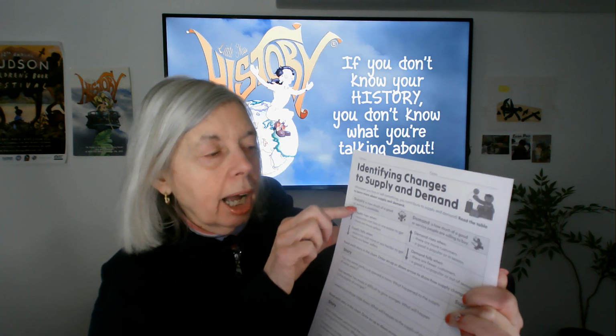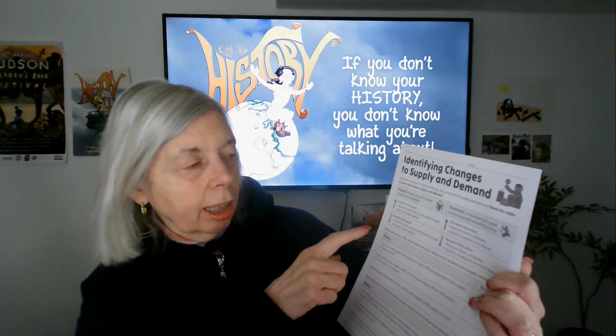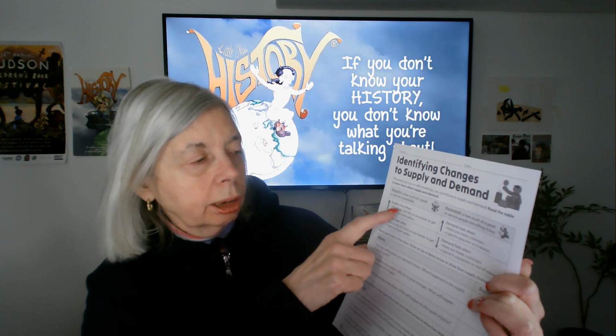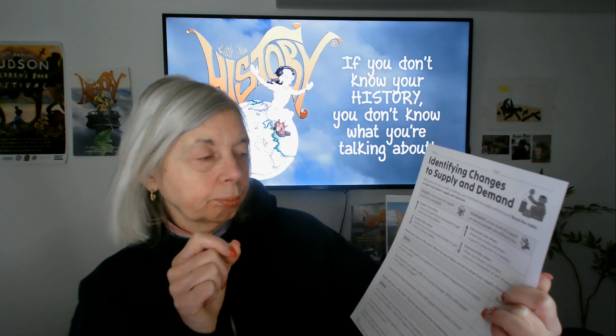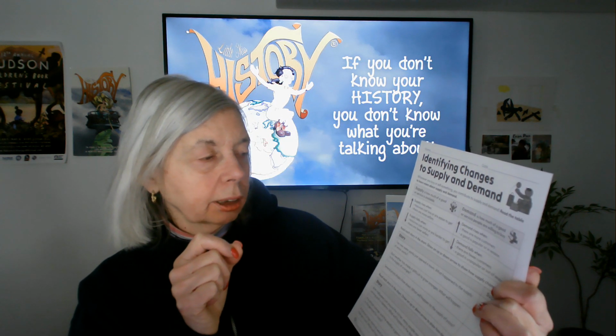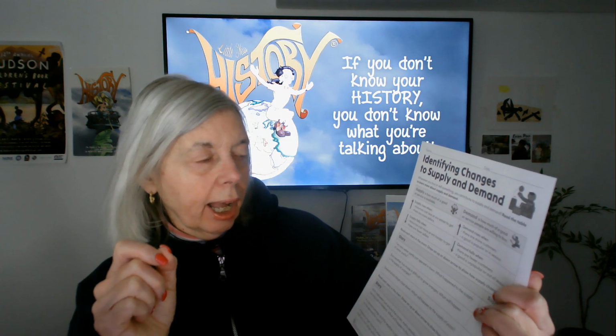Now supply, on the left-hand side, goes up when resources cost less and there are more people willing to buy. The opposite is true when resources cost more and are harder to get.